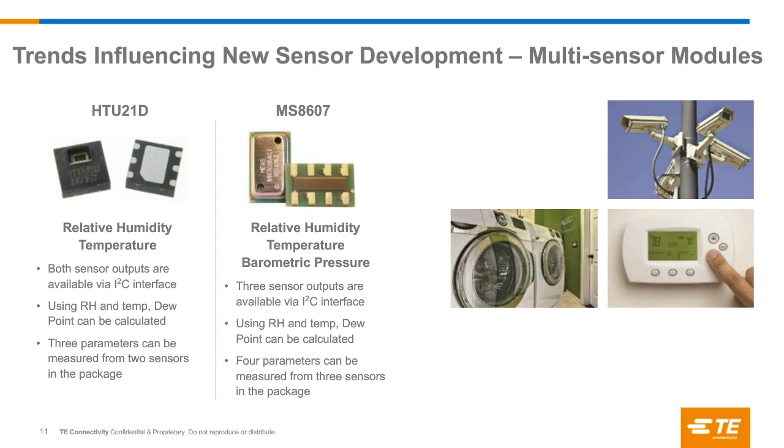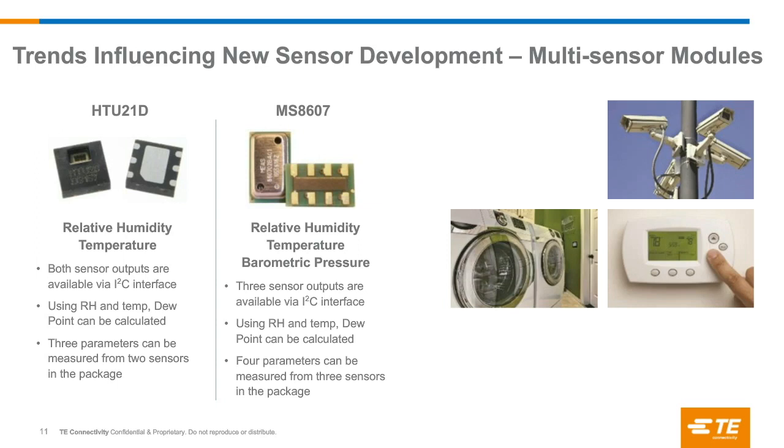For example, on the left, you can see our relative humidity sensor. We also include a temperature sensor in that package. So we basically have two sensing elements in the single package. Both sensor pieces of data are available through the I2C system, so that customer can read out both temperature and humidity.